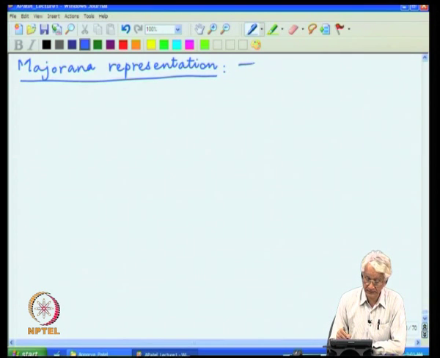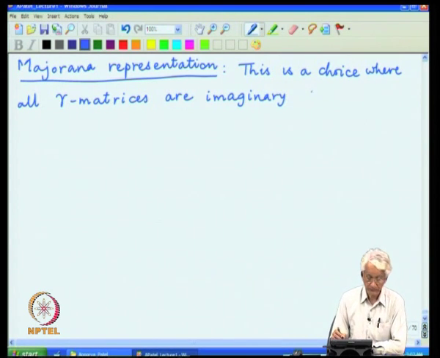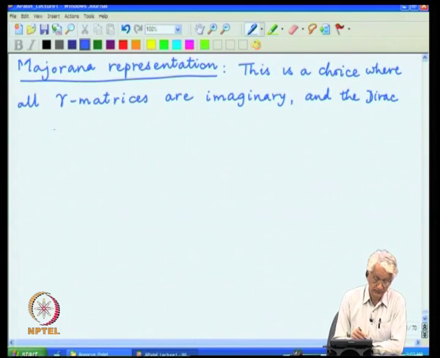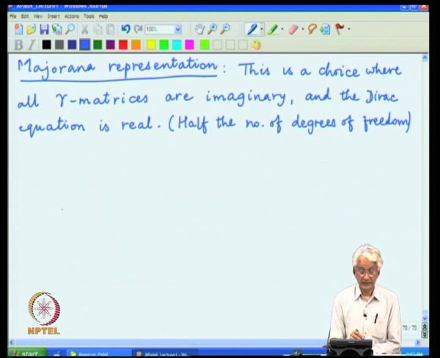So, this is a choice where all gamma matrices are imaginary and the Dirac equation becomes real, which means half the number of degrees of freedom.